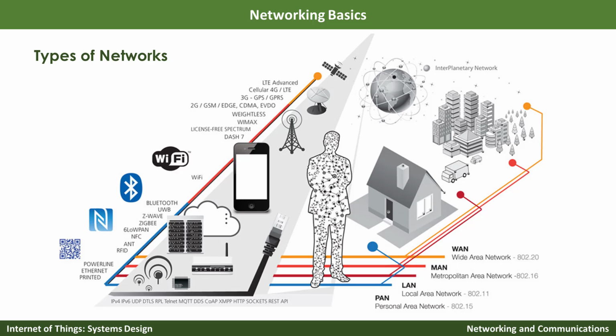For each type of these networks, PAN, LAN, MAN and WAN, there are corresponding communication technologies, very specific implementations developed by different people. So there are power lines and Ethernet, which are pretty much focusing on local area networking. Then we have RFID and NFC, near field communication.